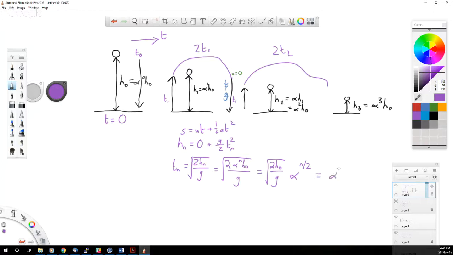And so that's alpha to the n over 2 times t0.